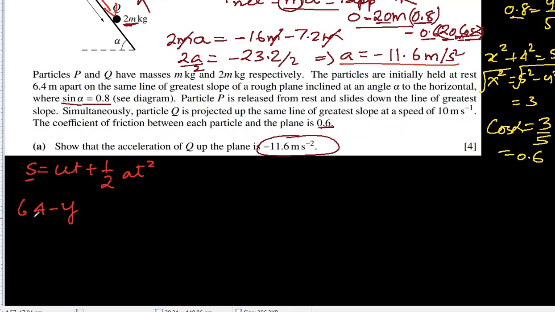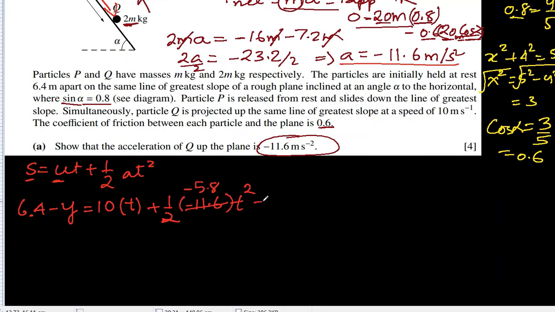This is what we have assumed, equal to, it was thrown at a velocity of 10 meters per second upwards, time we don't know, plus half acceleration we just found out, minus 11.6, opposite to the direction it is going, t square. Okay, so let's leave it like this because we can't simplify anything except for this. We can cancel this, minus 5.8.